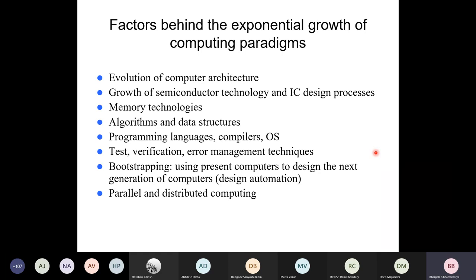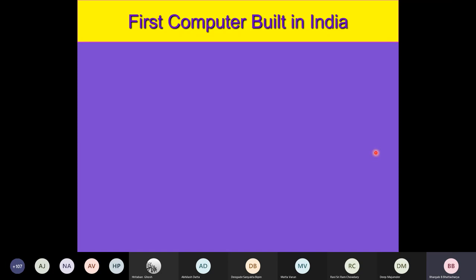And parallel and distributed computing, obviously network, cloud, and Internet of Things, and so on. So these are the factors responsible for the exponential growth of this computing paradigm, which you are now experiencing nowadays. All right. Okay.